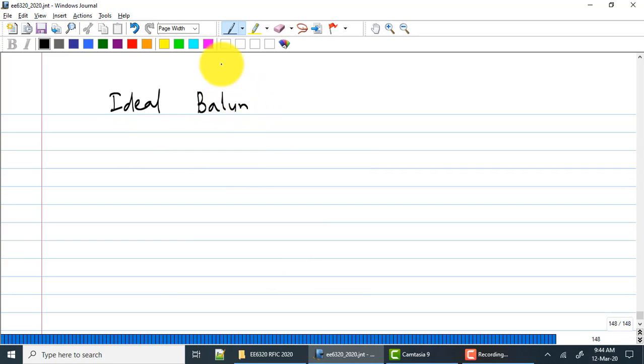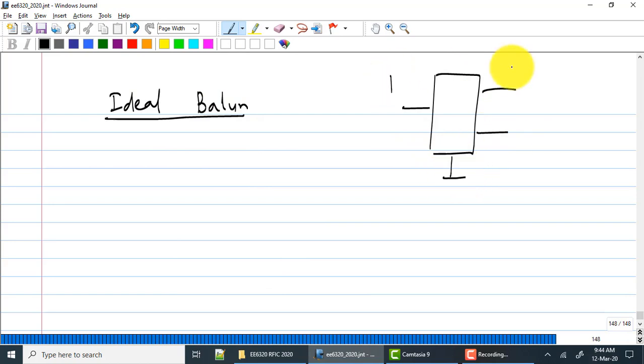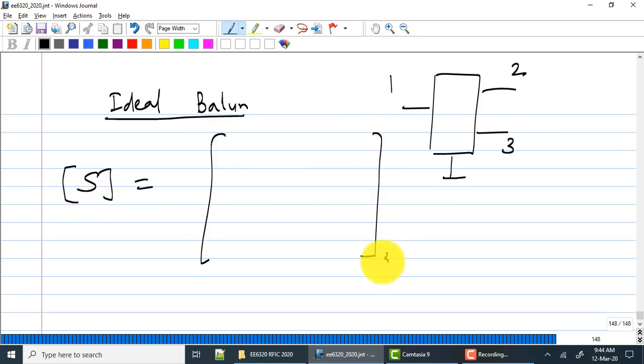By definition, for an ideal balun, ports 1, 2, and 3 are matched to 50 ohms. So if you were to build the ideal 3-port S parameters, S11 should be 0, S22 should be 0, S33 should be 0. Agreed? In linear terms.